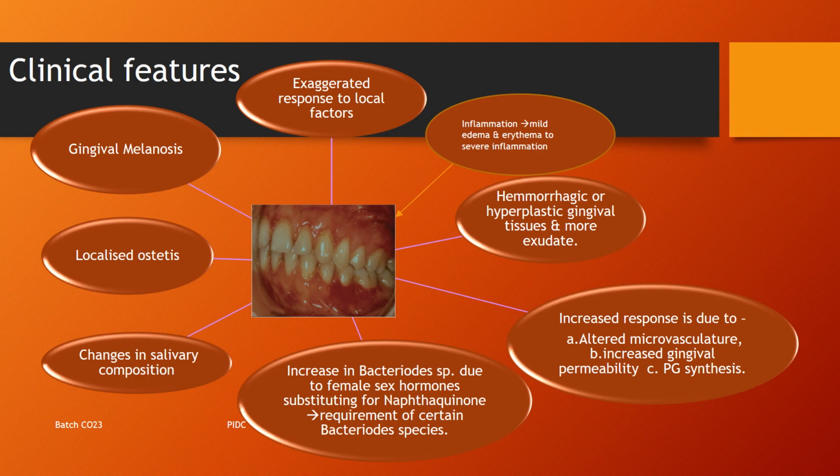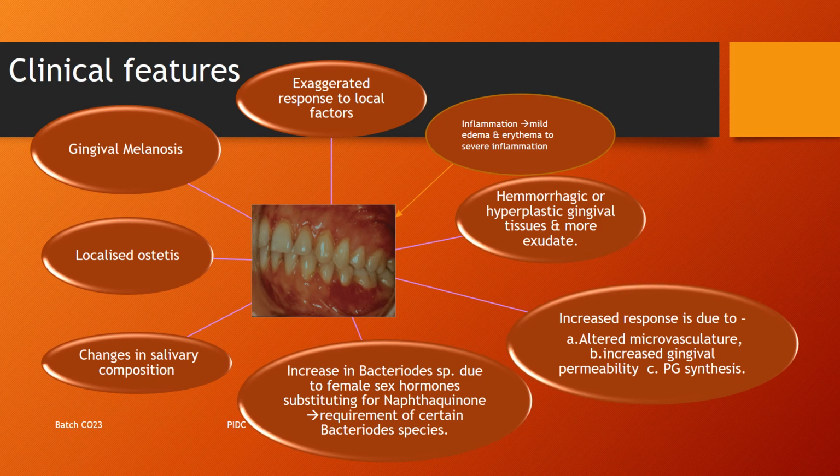It could range from mild edema and erythema to severe inflammation, with hemorrhagic or hyperplastic gingival tissues and more exudate. This increased response to local factors can be due to altered microvasculature, increased gingival permeability, and increased prostaglandin synthesis.